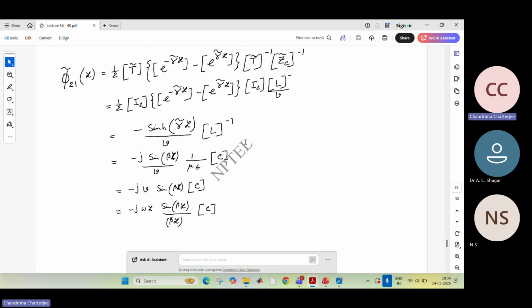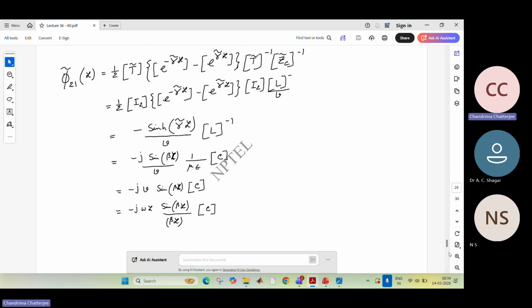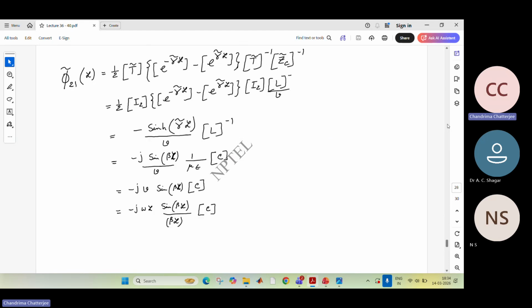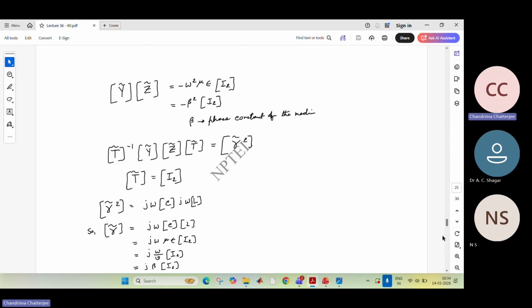You see phi 21 and phi 12, they are not equal, because here we have C, but in phi 12 we have L, right? But phi 22 and phi 11, they are equal. So the main diagonal elements are equal, but the cross diagonal elements are not equal, right?